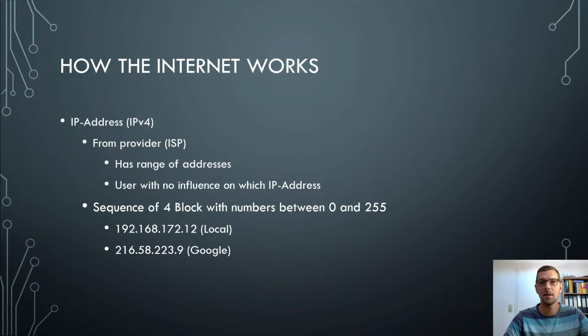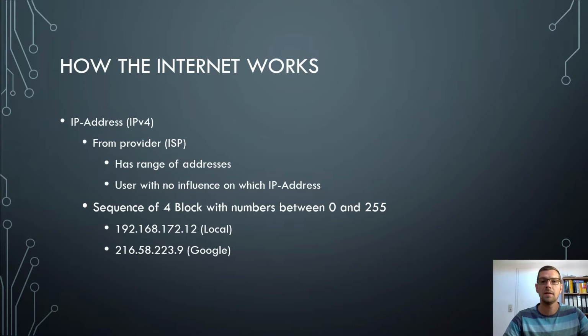Because local IP addresses don't necessarily need to be unique, because, for example, your neighbor might have the same local network as you have. It also has 192.168.172.12 and can give this also to a printer or another device. Alright, and the public IP addresses are kind of similar.